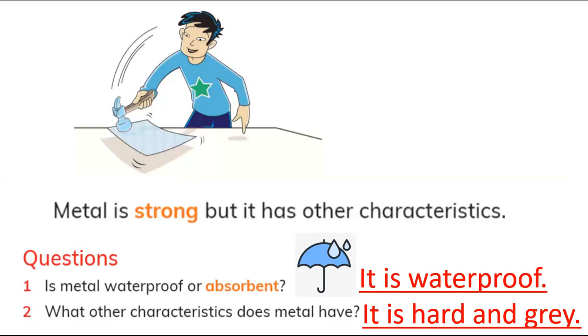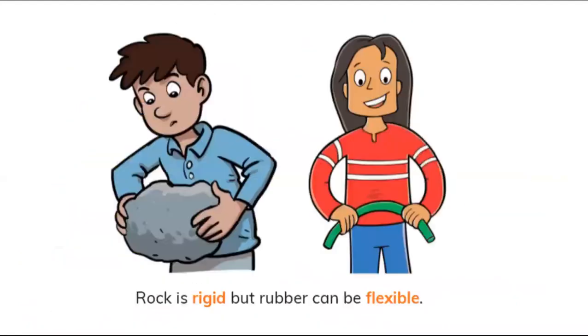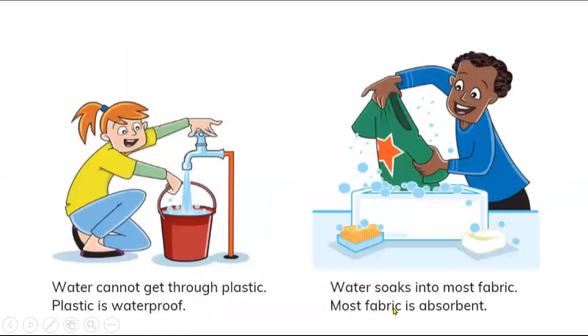So I hope you guys understand. Today we learned four materials, like rock. And what is the property? It's rigid. Rubber is flexible. And second, we learned about the plastic. Plastic is the material. And what is the property?